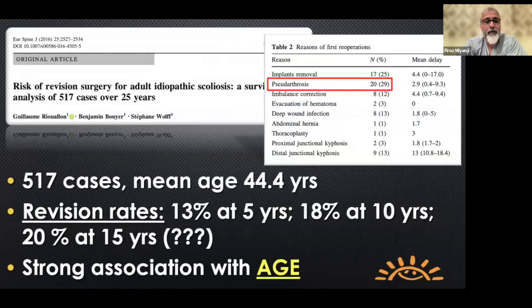These other studies have also shown, this was a nice study looking at the survival of 517 cases over 25 years, and the revision rates were 13% at 5 years, 18% at 10, and 20% at 15. So the longer you wait, unfortunately, the higher the revision rate, and there was a strong association with age.